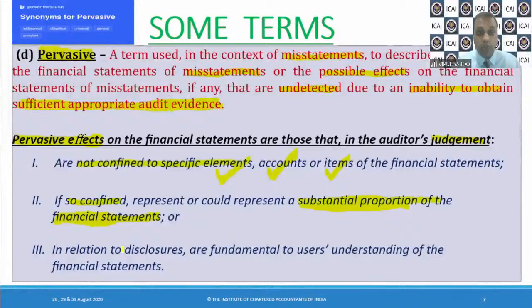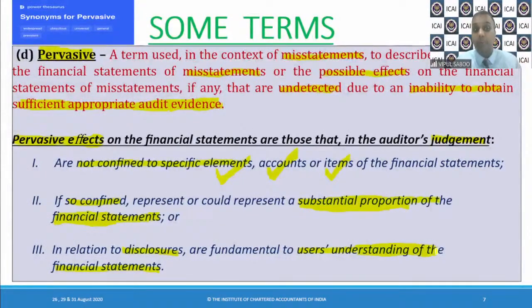Now, in relation to disclosures by the management, pervasive effects are fundamental to users' understanding of the financial statements. So the disclosures should not be misleading or create confusion. Disclosures mean giving additional, complementary information to the users. They should complement the financial figures, the main part of the financial statements, very well.